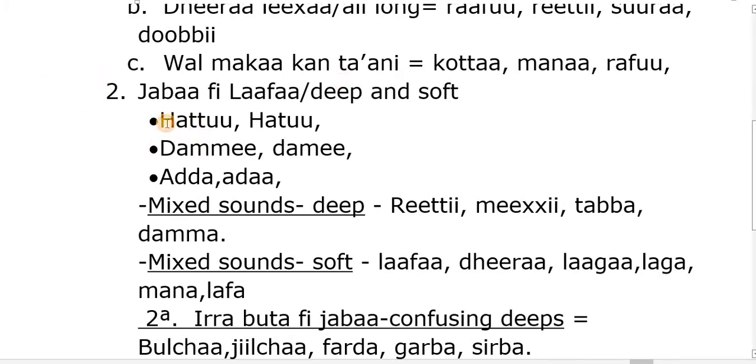So hatu. As you can see, the first T is deep and strong. Both are Oromo words. They actually relate in meaning. This means thief. This means stealing.